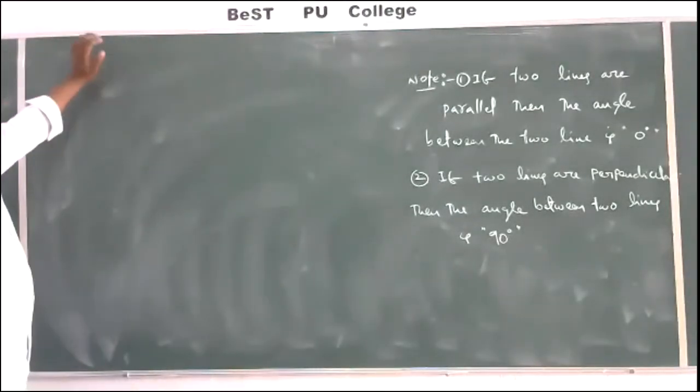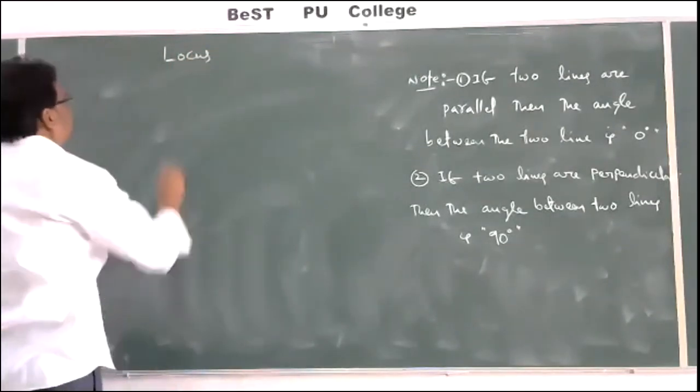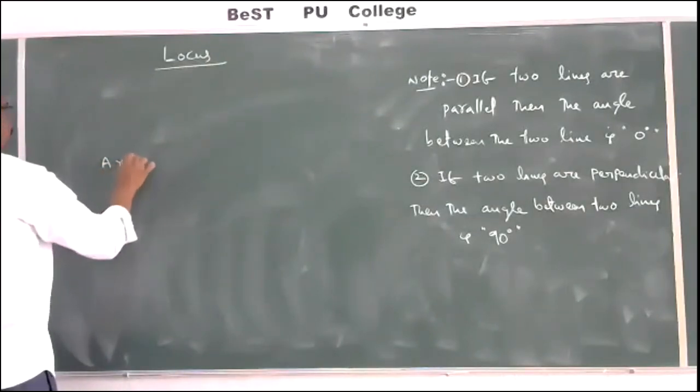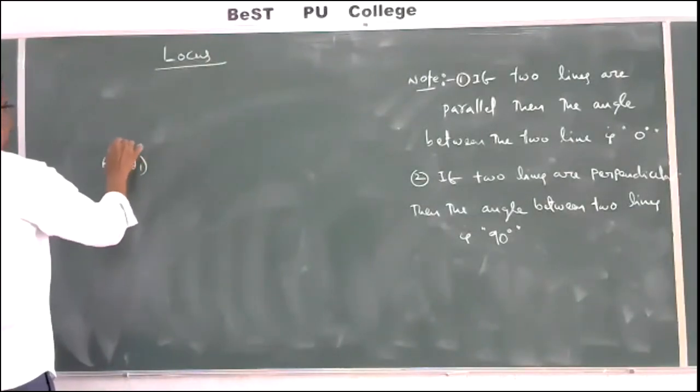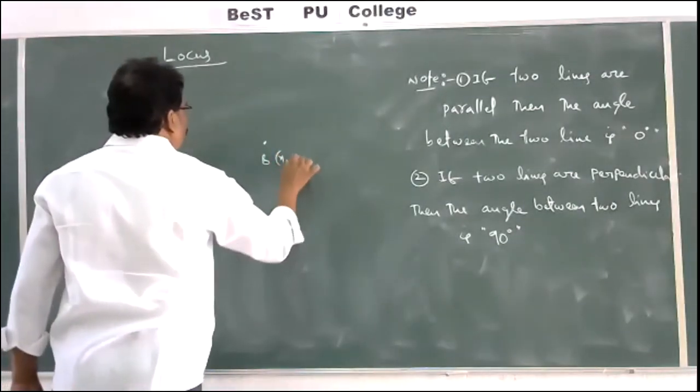What is meant by locus? For example, A is any point (x1, y1) in a plane, and B is another point in a plane (x2, y2).